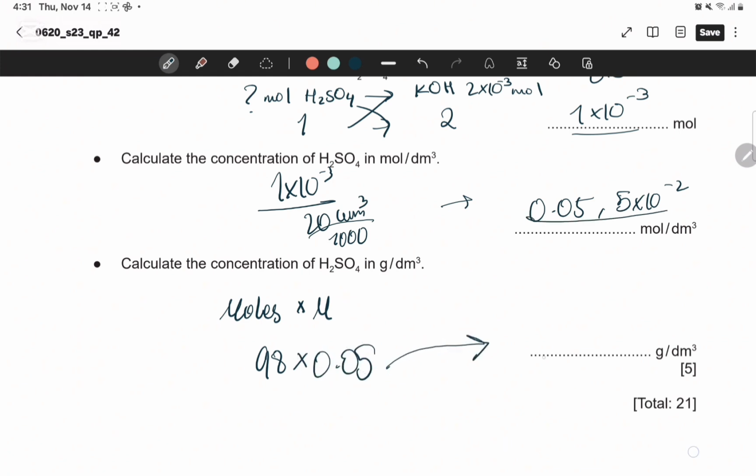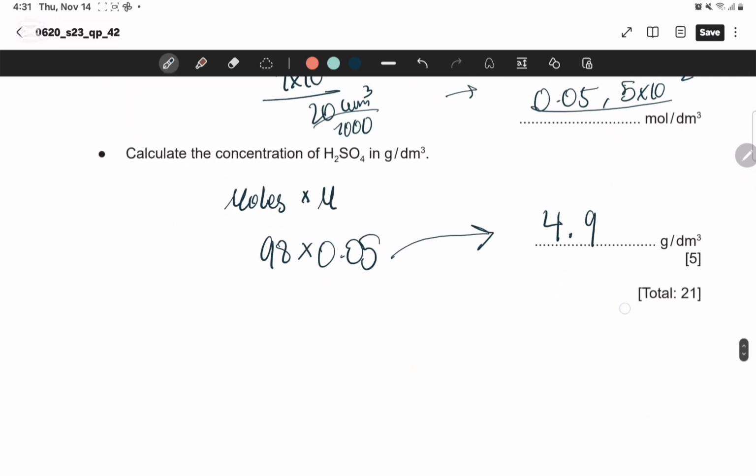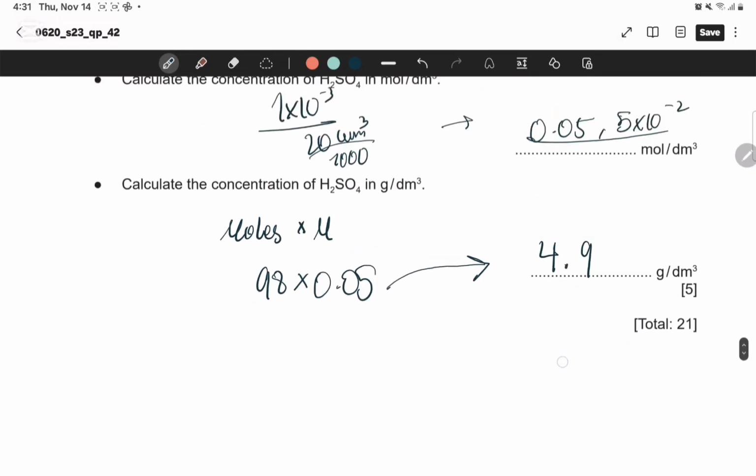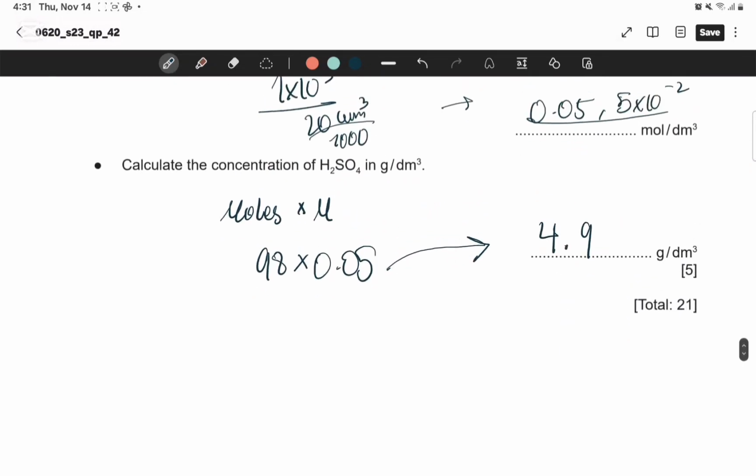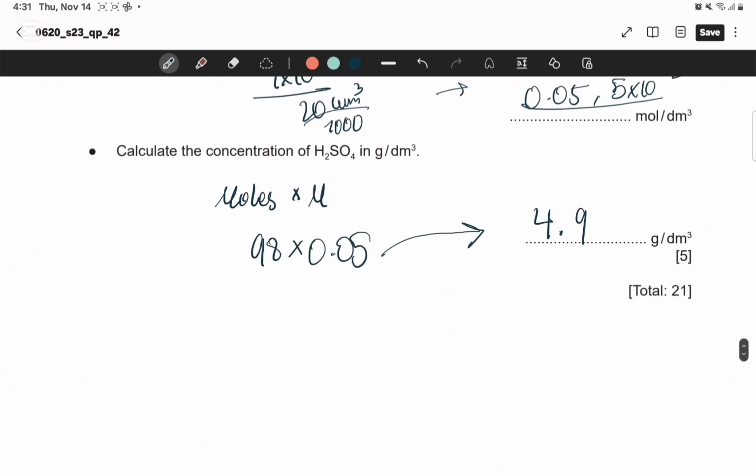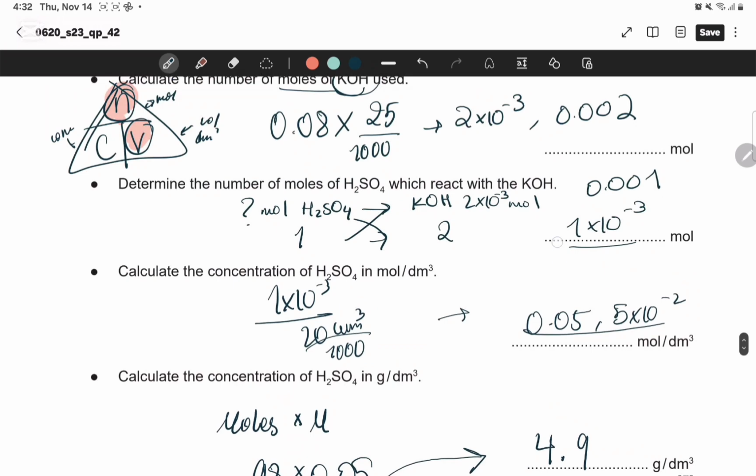So then you're going to get 4.9. Or you can do some other long way, which is finding the mass in grams first. Okay, so moles times molar mass, you're going to use the first moles, which is over here.